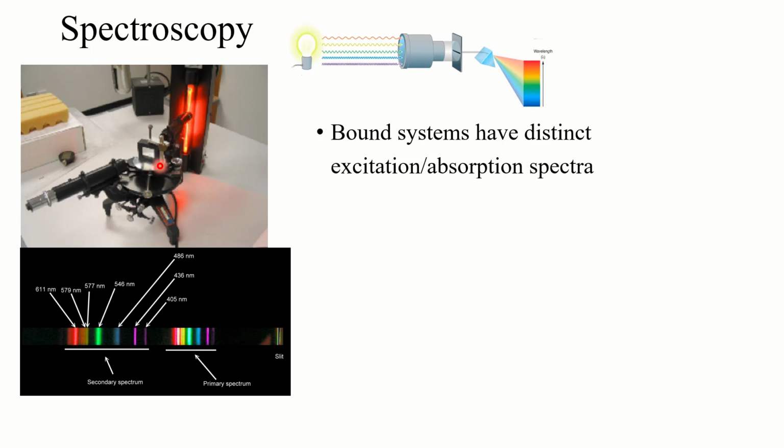It shines into this diffraction grating, and we have a microscope or lens here that can measure the angle that light is bent at.